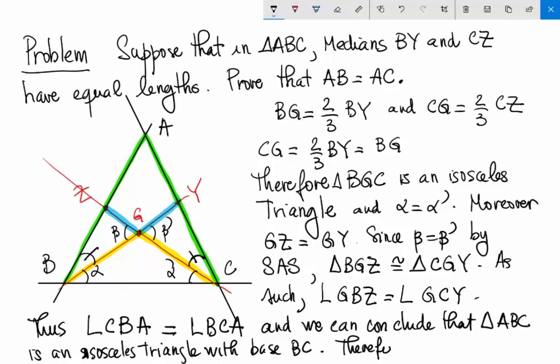Therefore, AB is equal to AC. And this is exactly what we need.